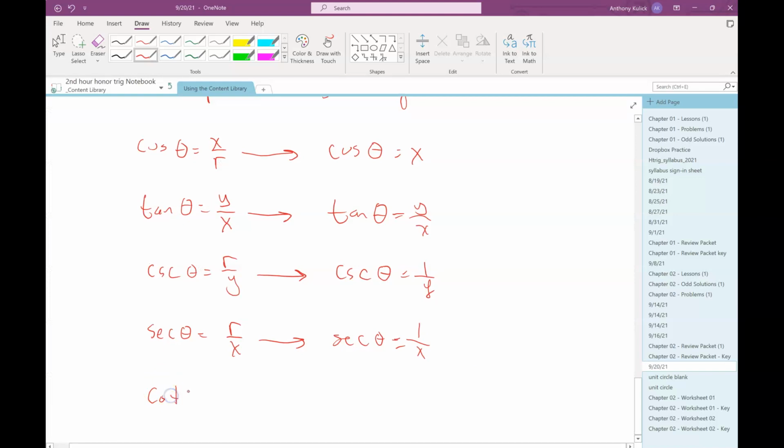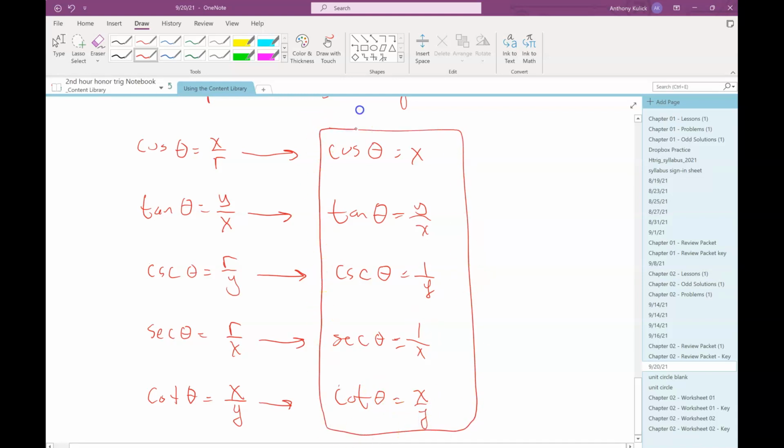And cotangent theta is x over y, but that doesn't change because it's just x's and y's. It doesn't involve r. So this is like our unit circle definition for sine, cosine, tangent, etc.